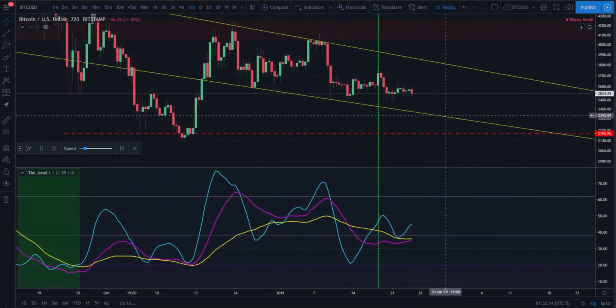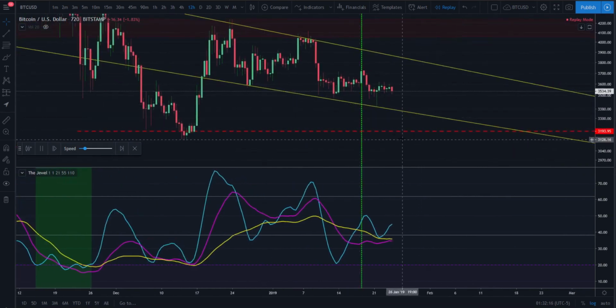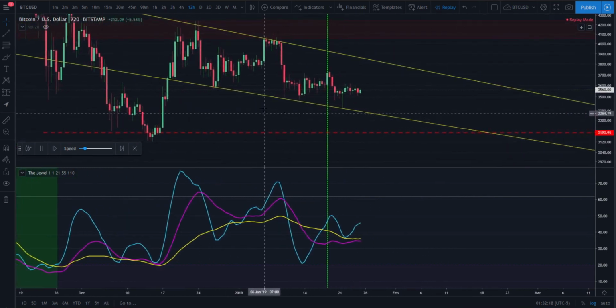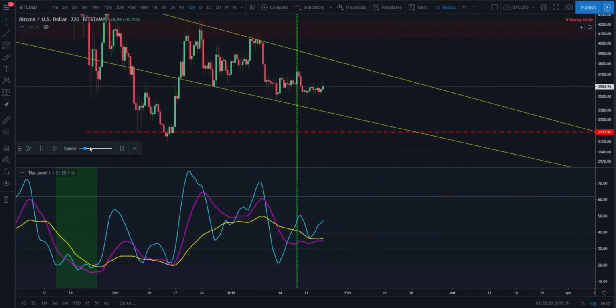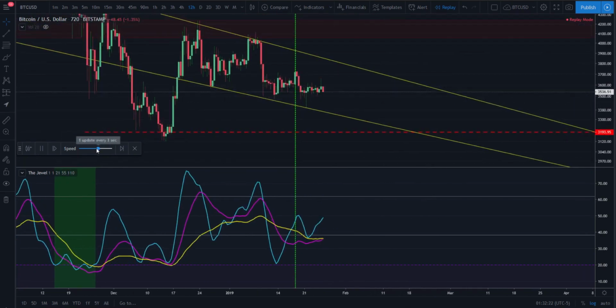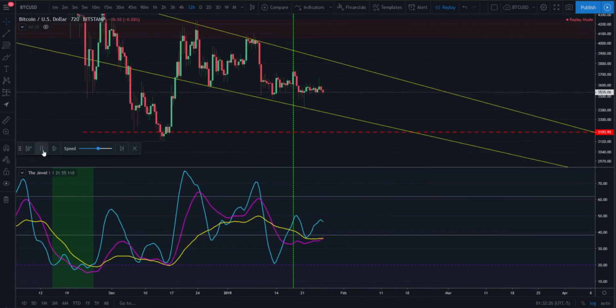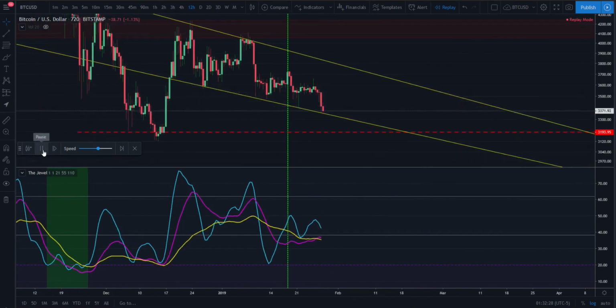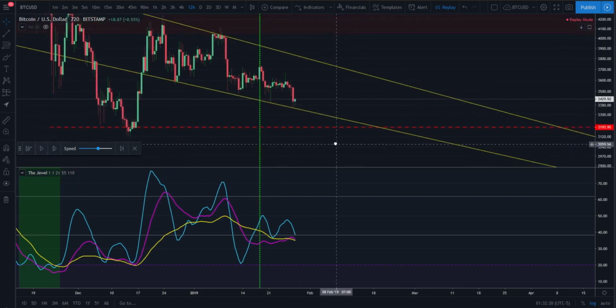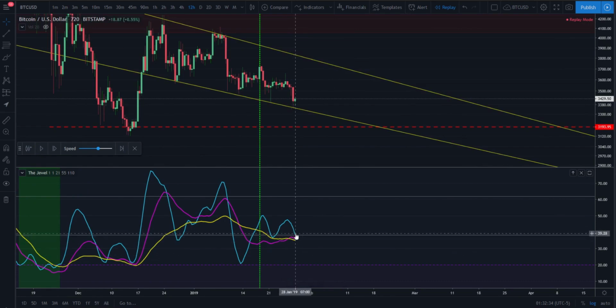Not really something I'm personally interested in. That thing up a little bit. Now we're getting a little more interested. See this price action there, this signal over there.